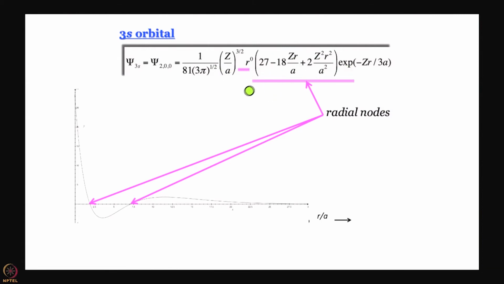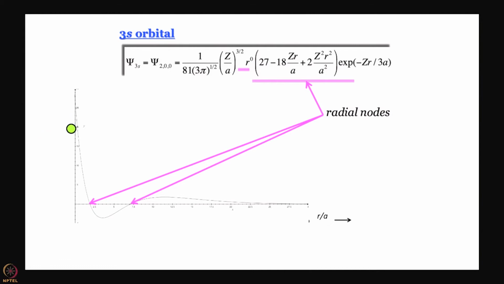So, polynomial of second order equated to 0 gives you 2 roots, and you can work out what these roots are. I think they are 1.9 and 9 if you just take z to be 1 and a to be 1. So, they occur in 2 different places. In fact, you see what the values are here. Okay. So, you have 2 radial nodes.